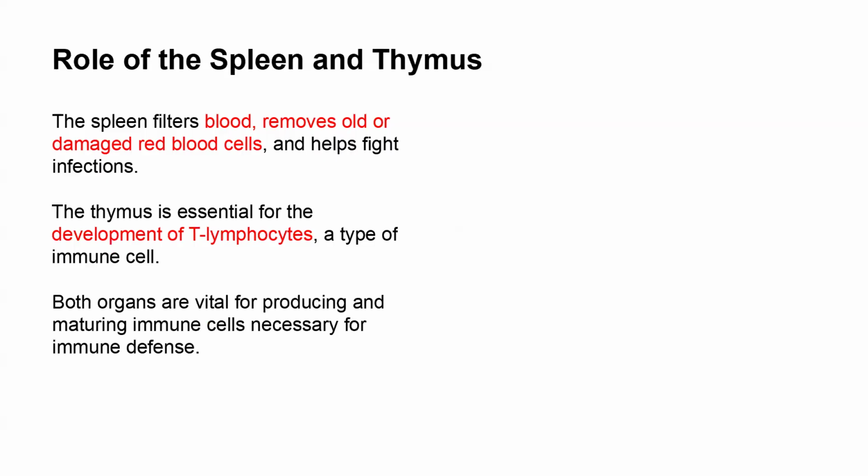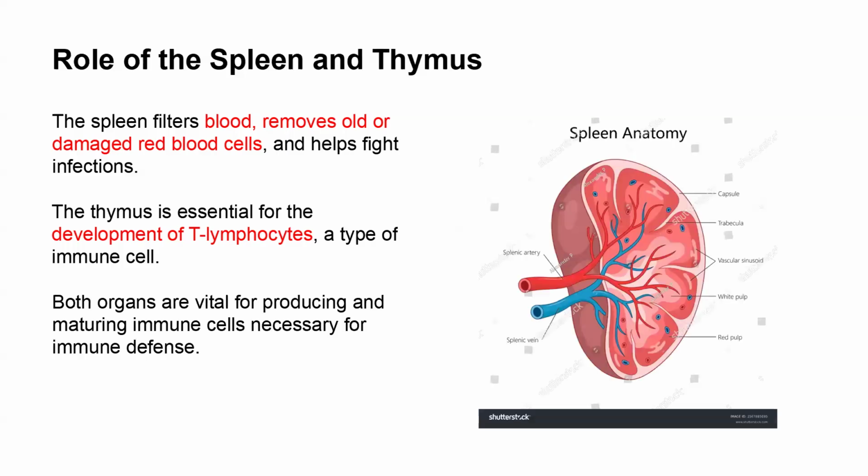So both organs, the spleen and the thymus, are vital for producing and maturing immune cells necessary for immune defense. So that is what they are doing. The spleen and the thymus are producing and also maturing immune cells in order to effectively protect the body against anything that can cause problems in our body, especially pathogens.